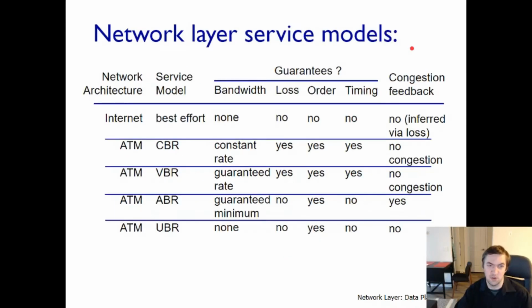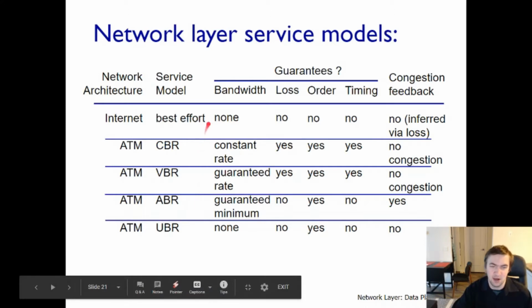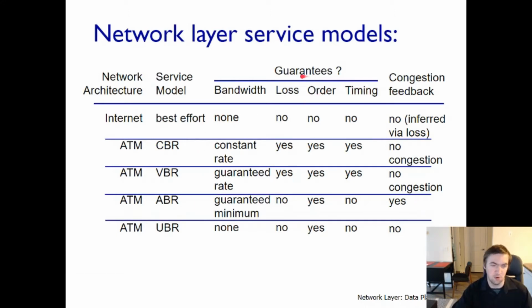Here's a look at a few network layer service models. The network architecture might range from the internet or maybe an ATM. Service models include best effort, constant bitrate, variable bitrate, available bitrate, unspecified bitrate, and each of these vary in what they guarantee across the network. So the best effort model for the internet has no guarantees of bandwidth, loss, order, timing, or really anything, and there's no congestion feedback either.